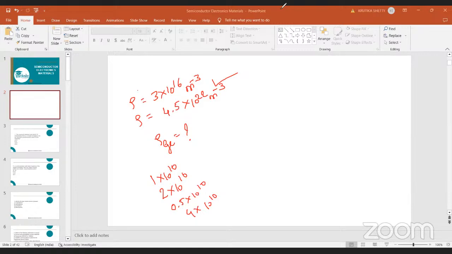The density of an electron hole pair for germanium is 3 into 10 to the power 16 per meter cube. On doping with aluminium, the hole density increases to 4.5 into 10 raised to 22. Now the electron density in doped germanium will be?